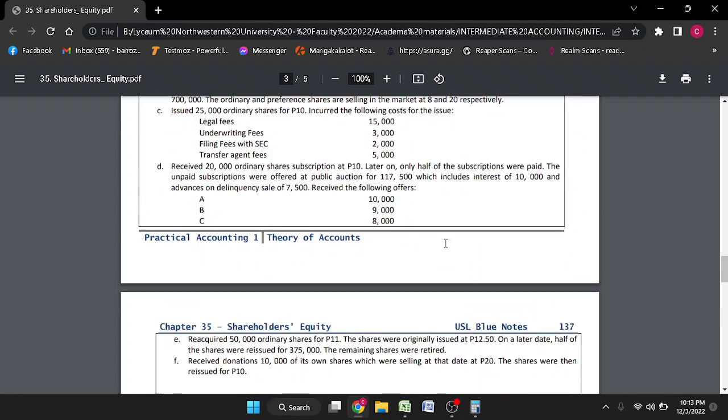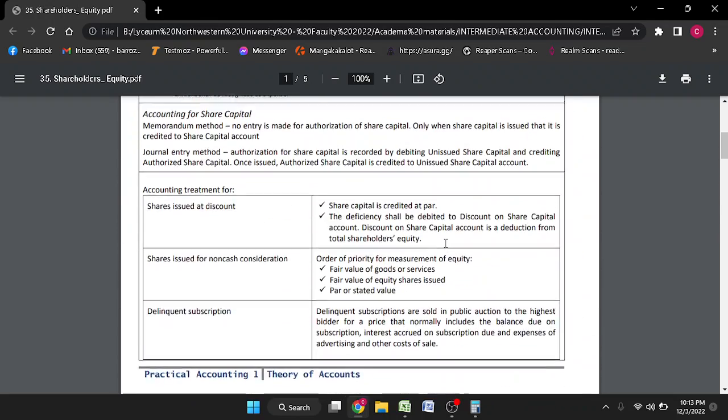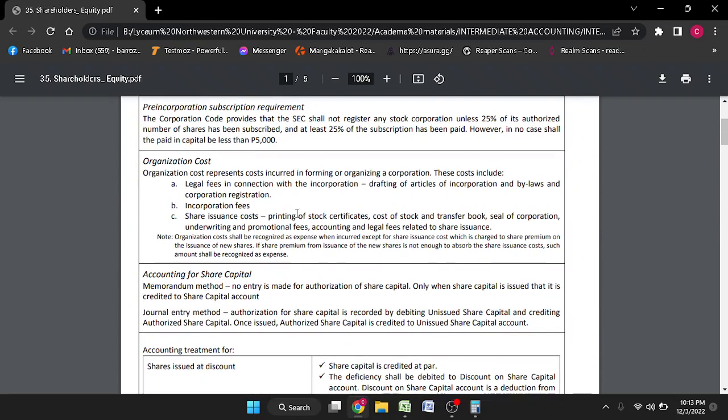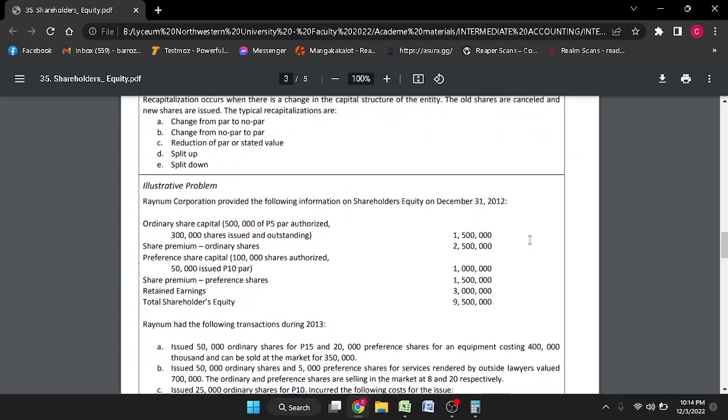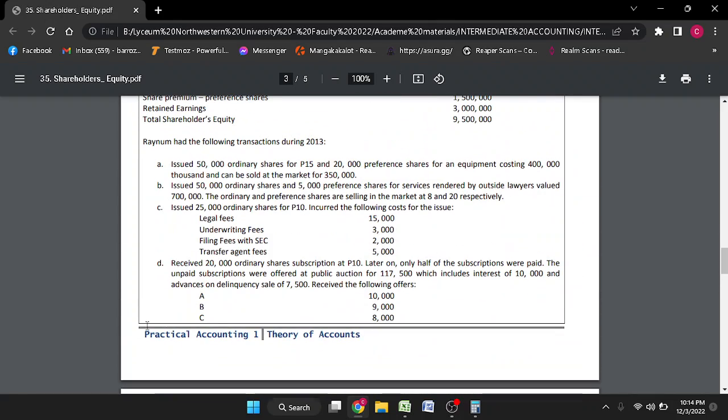Why don't we review: printing, stock cost, transfer book, seal, underwriting, promotional fees, accounting, legal fees to the share issuance? I think there's no transfer agent fees. I think all of this should have been.